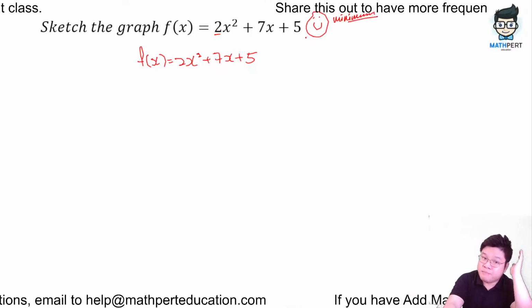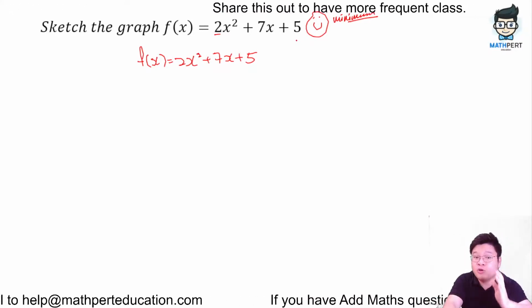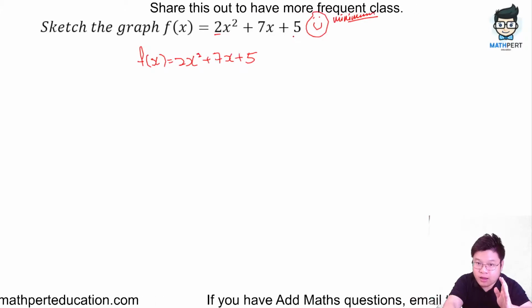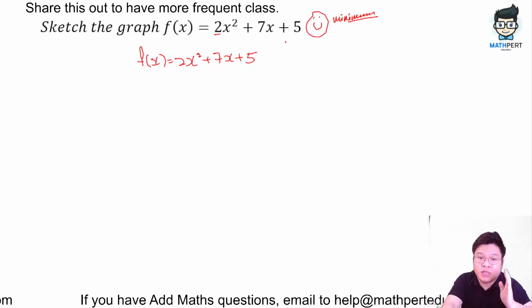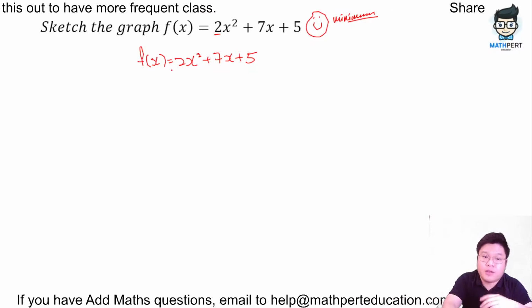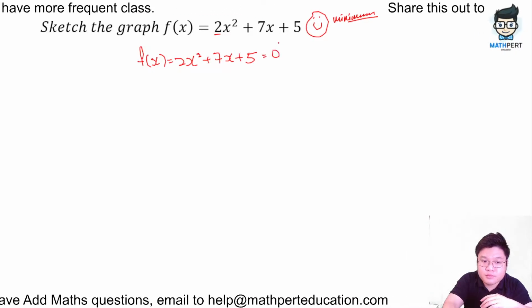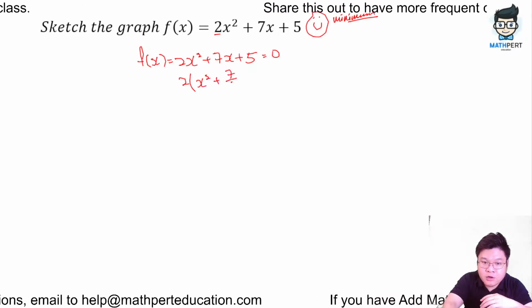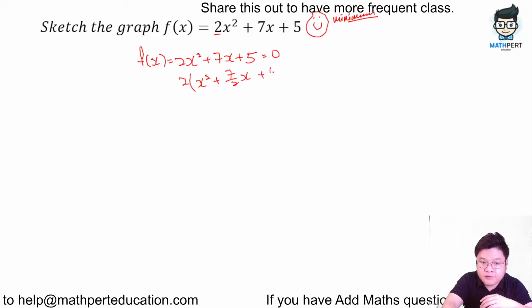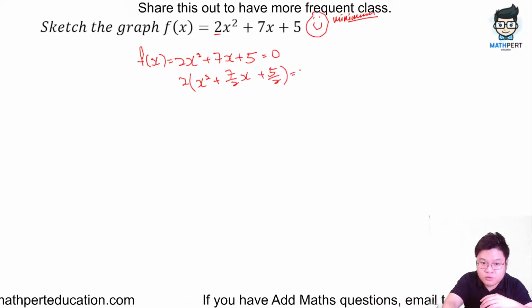So if this is a minimum, let's use the completing square method to find out the minimum point. x squared plus 7 over 2 x plus 5 over 2.